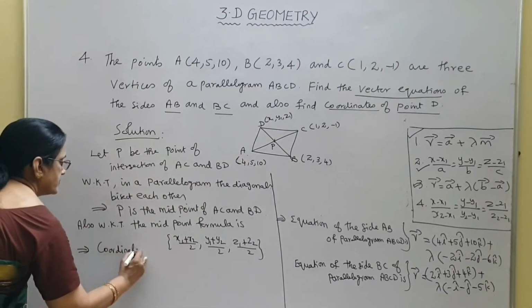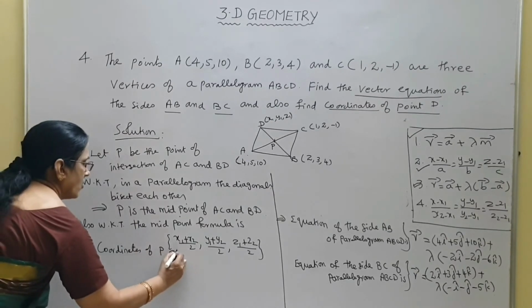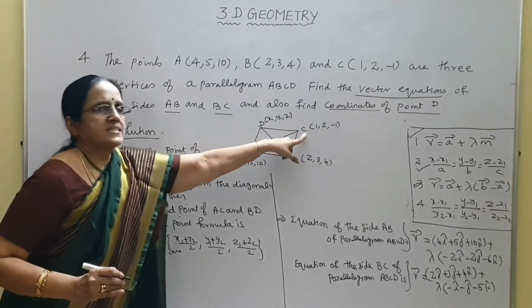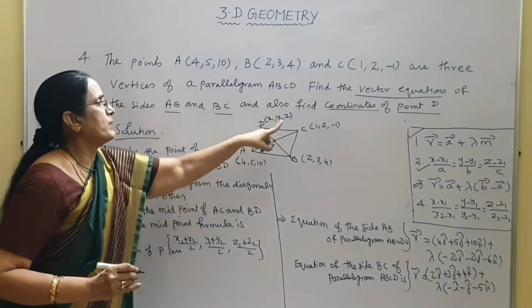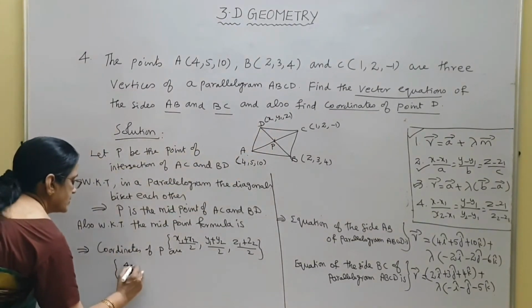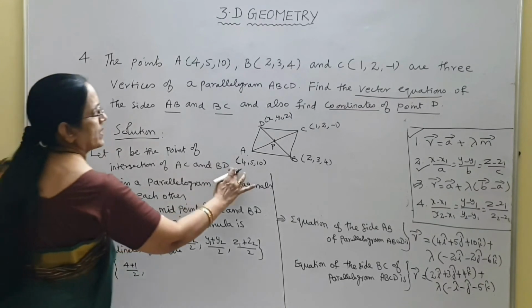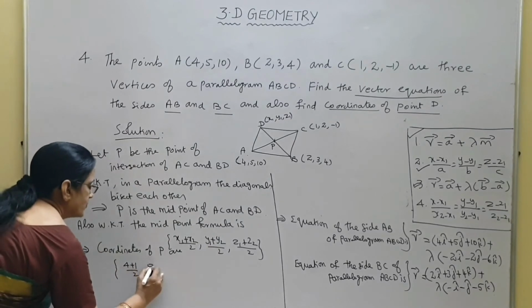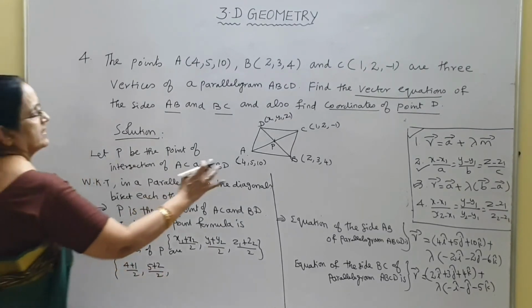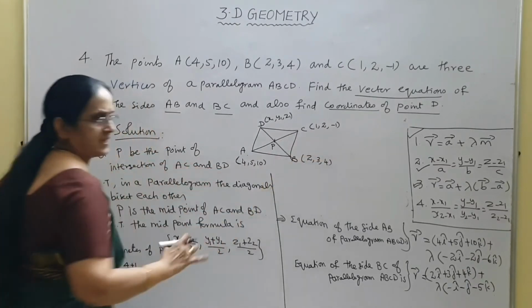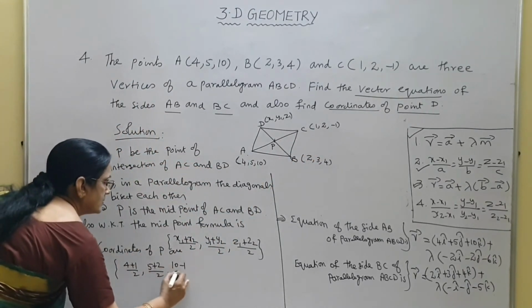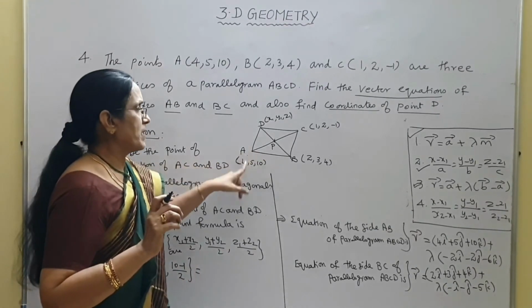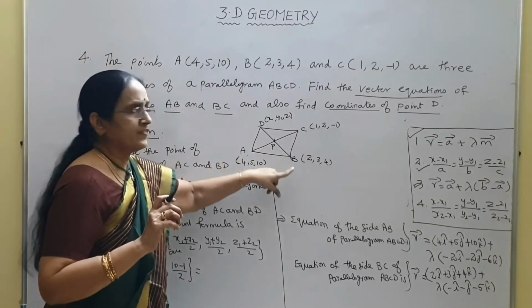Coordinates of P are, if you take AC, what do you get? (4 plus 1) by 2, that is (x1 plus x2) by 2, (y1 plus y2) by 2, that is (5 plus 2) by 2, then (10 minus 1) by 2 should be equal to, it is not only the midpoint of AC, it is also the midpoint of BD.